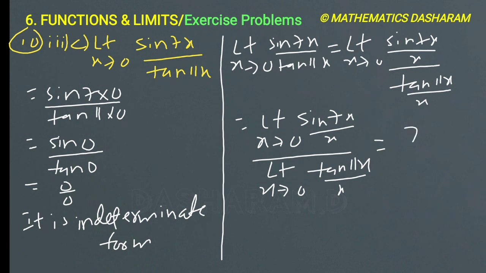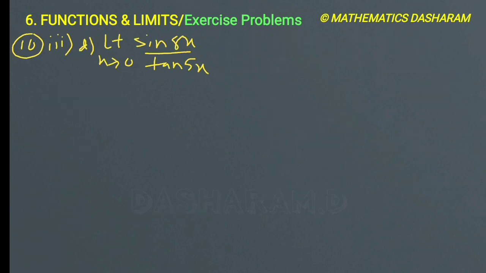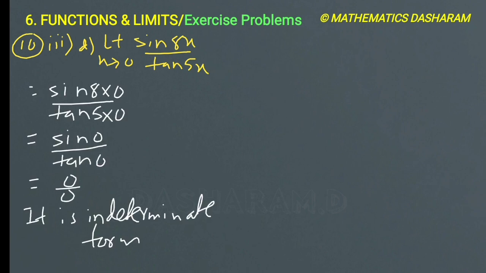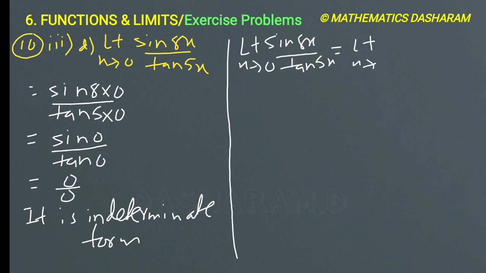Then it is equal to 7 and 11, so 7 by 11 is our required answer. Next, D question: limit x tends to 0, sine 8x divided by tan 5x. Substitute x equals 0, then we get the indeterminate form. Now divide the numerator by x and the denominator also by x.